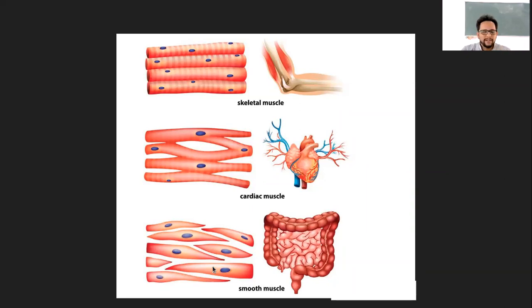Smooth muscles are present throughout the internal organs, like blood vessels, the urinary system, the reproductive system, lungs and so on. Everywhere it is present. Skeletal muscles are all the leg muscles, hand muscles, back muscles, abdominal muscles, and the rest only which are in the heart, that is cardiac muscle.